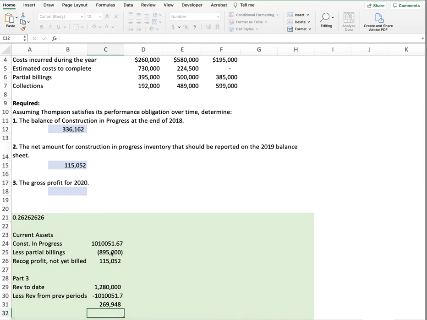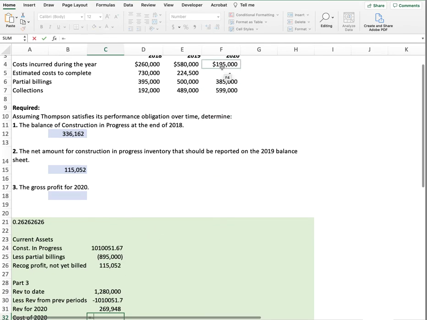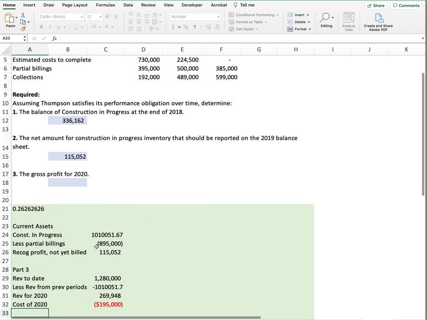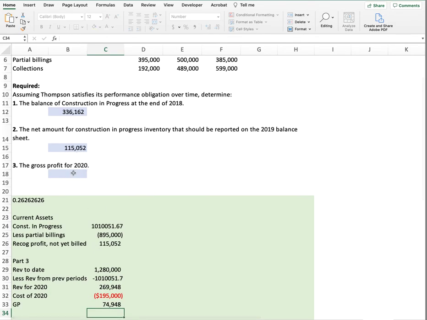And so this 269,948 is our revenue for 2020. Then we need to subtract out the costs from 2020, which is 195,000. And so that will give us gross profit of 74,948.